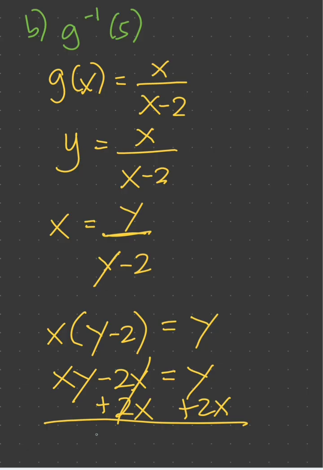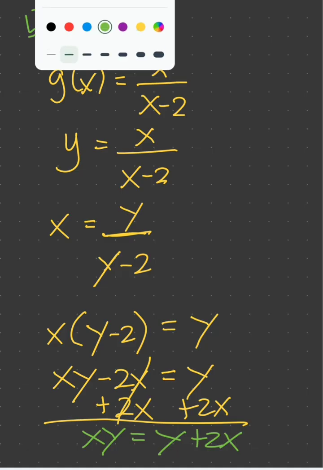So we're left with xy equals y plus 2x. Our goal is to put all of the y's on one side and all of the other terms on one side.